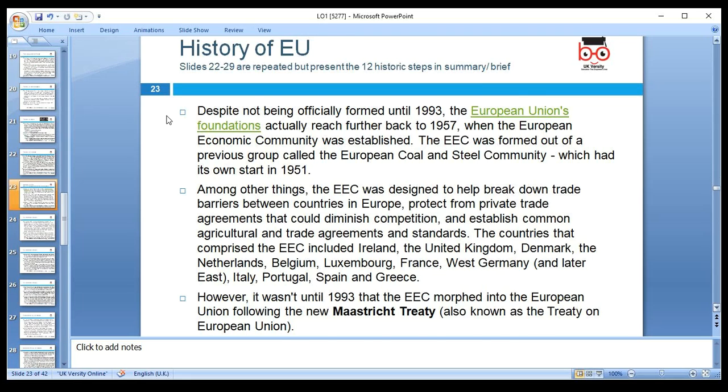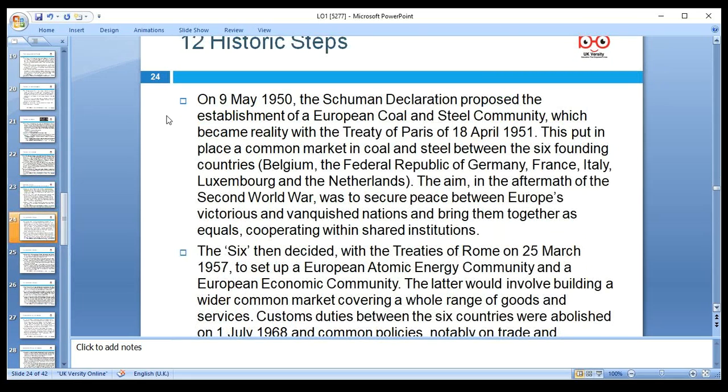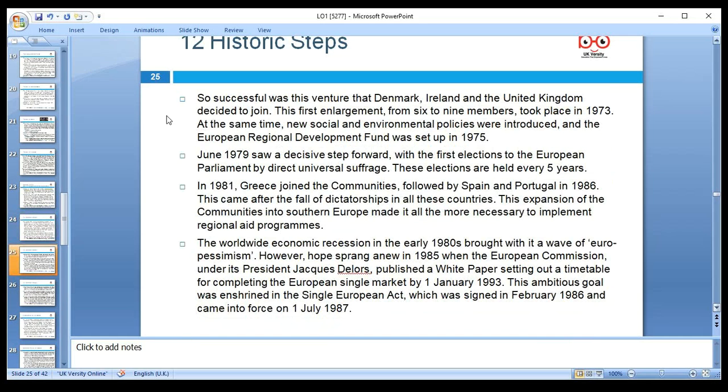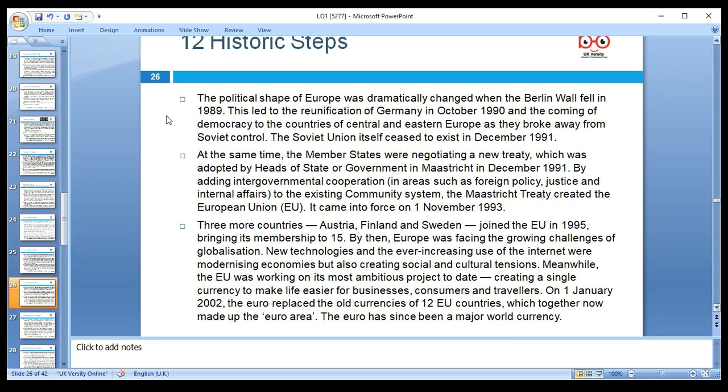Then more countries were included, and in 1993 the UK joined the EU as well. Then the 12 historical steps in 1950, and then the six decided on the Treaty of Rome on the 25th March, and we'll see the parliaments and the laws being passed.